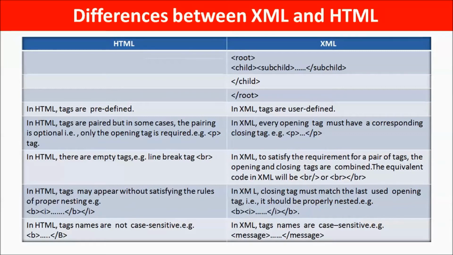But in XML, we must not do that. If you have an opening tag, it must have a closing tag. This is the difference. In HTML, the opening tag alone can work without the closing tag. But in XML, we must use both tags together.